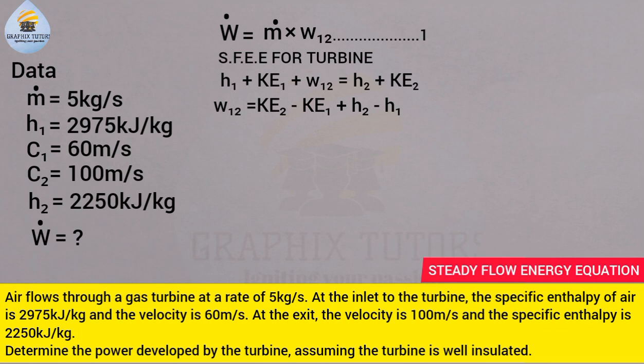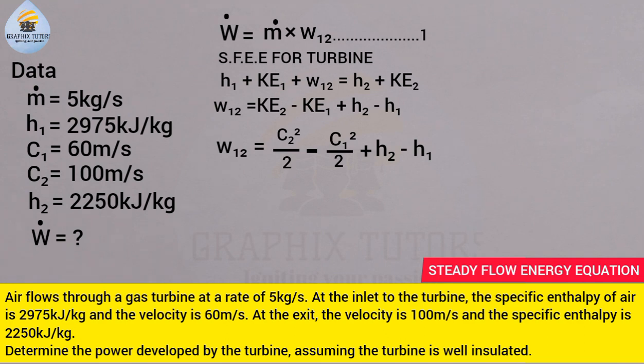Now what we should do here is this. It will give me C2 squared over 2 minus C1 squared over 2 plus H2 minus H1. I am not using the m because I'm dealing with per unit mass, that is, intensive properties.